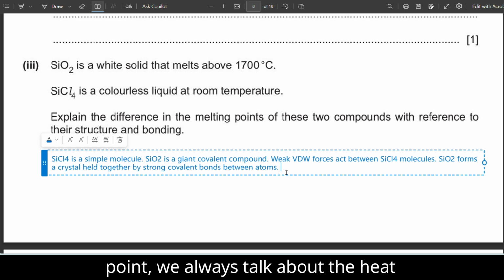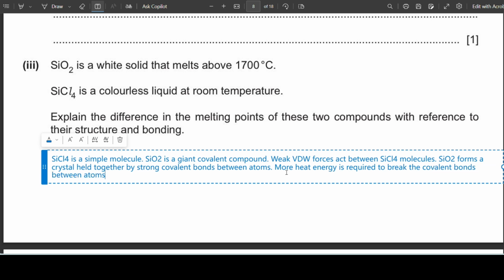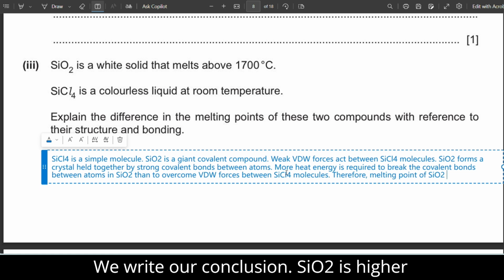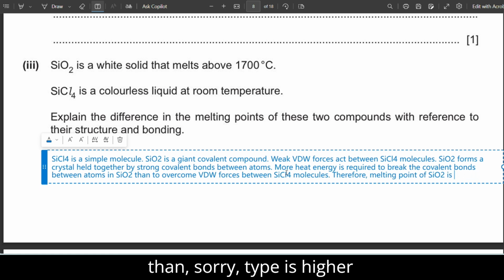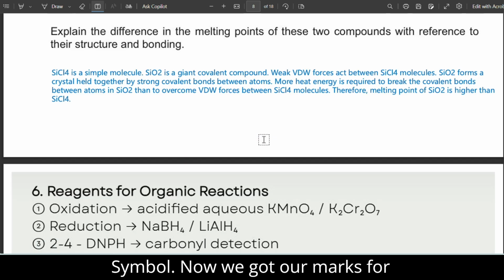Then, of course, with melting and boiling point, we always talk about the heat energy. You write our conclusion: SiO2 is higher than SiCl4. Now we get our marks for this.